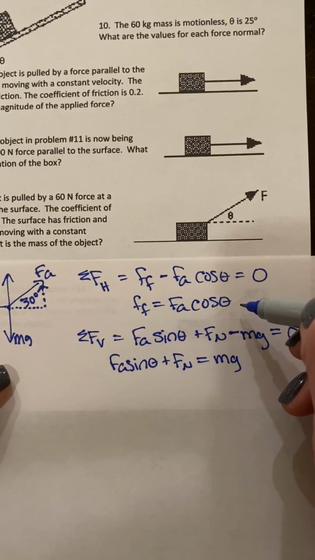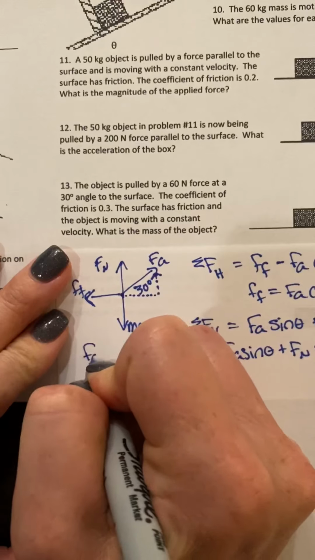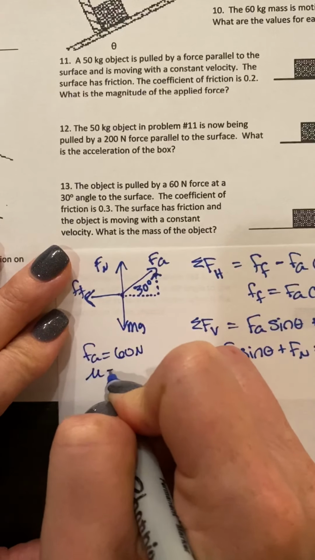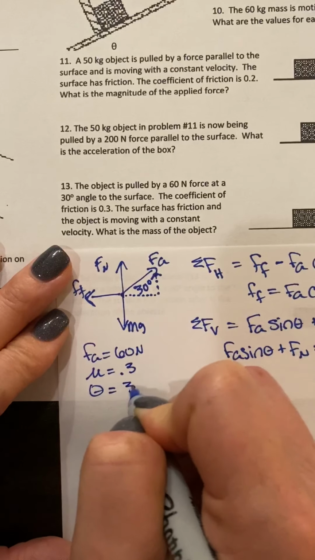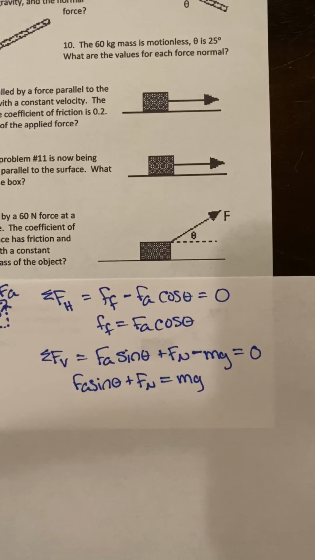And when doing this, we can solve for the mass of my object. So let's take a look. We have our 60 newtons for our applied force. My mu is identified as 0.3, and my theta is going to be 30 degrees.